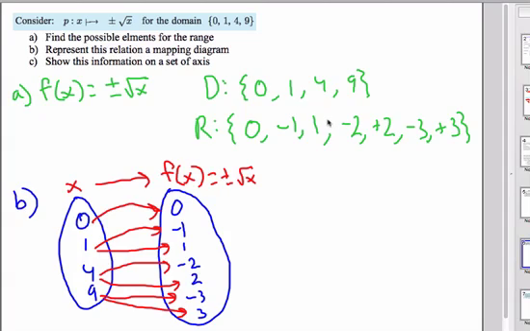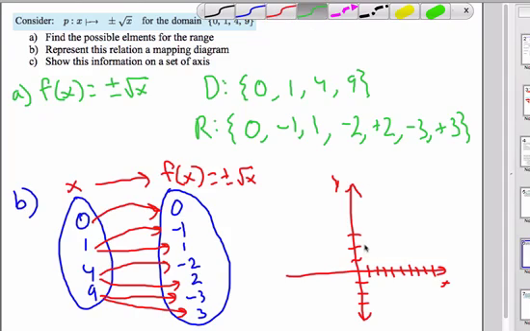And it says show this information on a set of axes. So again, we can plot those points. Let me do that right here. So our x values go from 1 to 9. So 1, 2, 3, 4, 5, 6, 7, 8, 9. Our y values go from negative 3 to 3. So 1, 2, 3, 1, 2, 3.